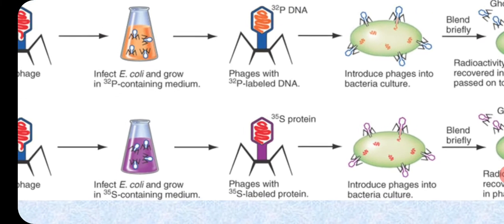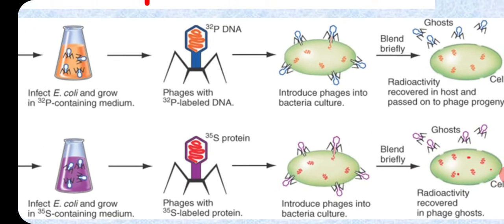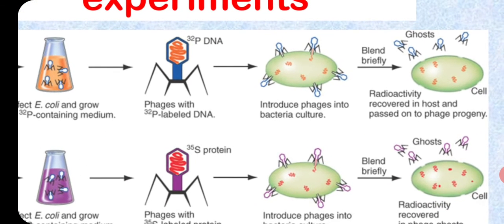They carry this genetic material, and it keeps on replicating and moving from one generation to the next. After performing the experiment for one or two generations, they did the blending experiment to remove all the outer coatings of the bacteriophage, and found that the radioactivity was very much available in the host, and was able to pass from one generation to the next.